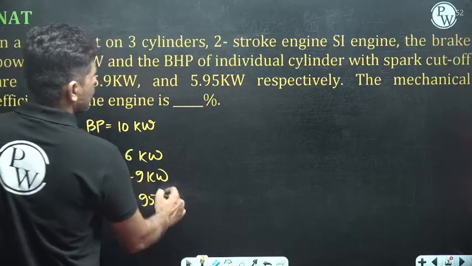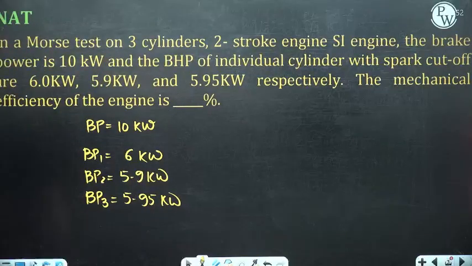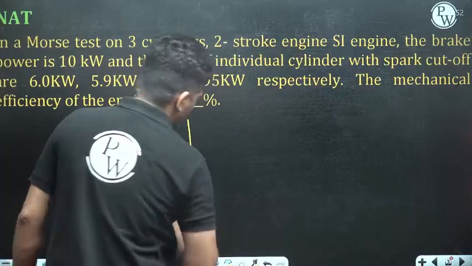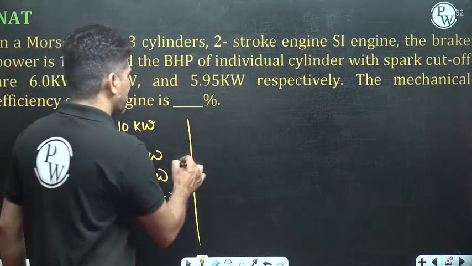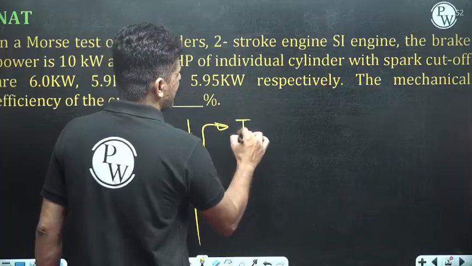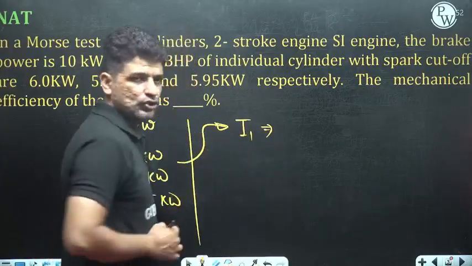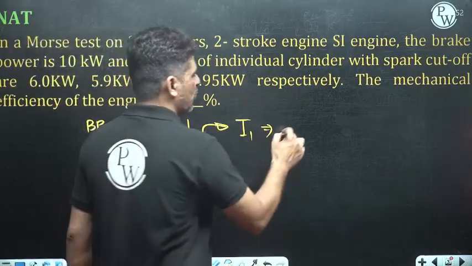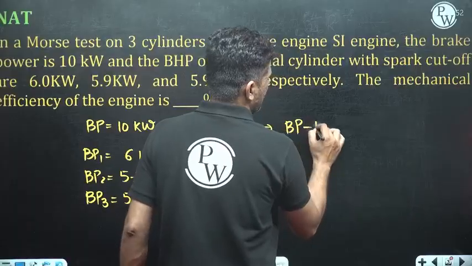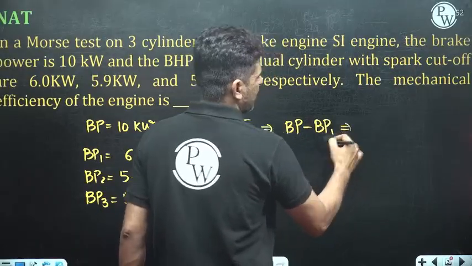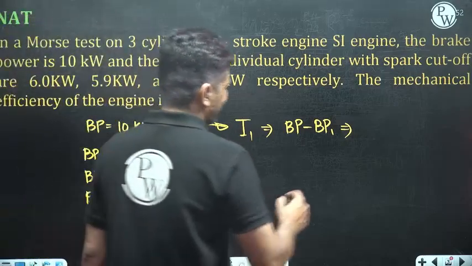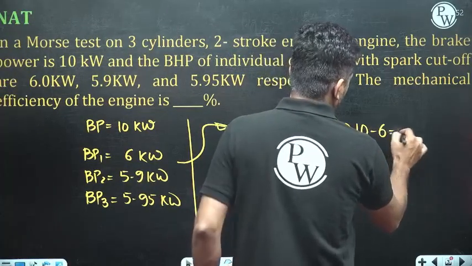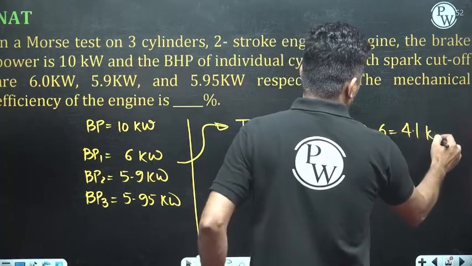It asks for the mechanical efficiency of the engine. Once we know these three powers, BP1, BP2, BP3, we calculate the indicated power in each cylinder. Indicated power in cylinder 1 will be equal to brake power in normal condition minus brake power when the first cylinder is cut off. So 10 minus 6 equals 4 kilowatt.